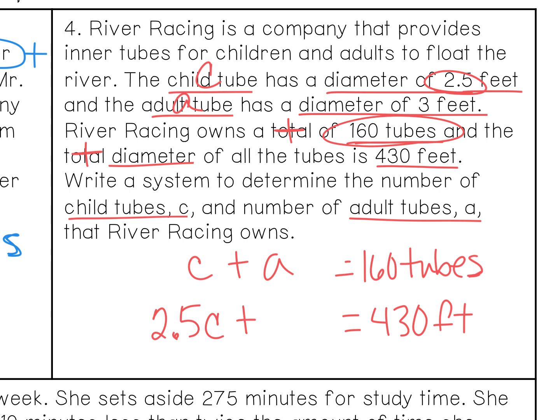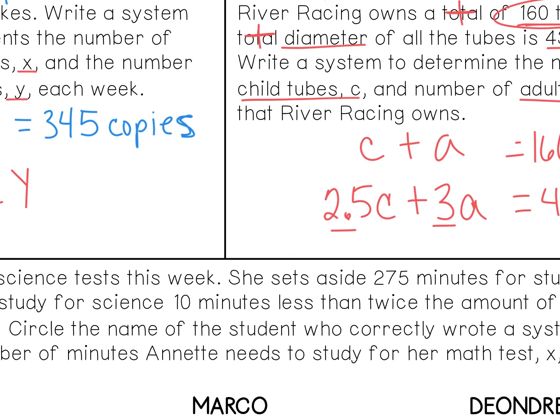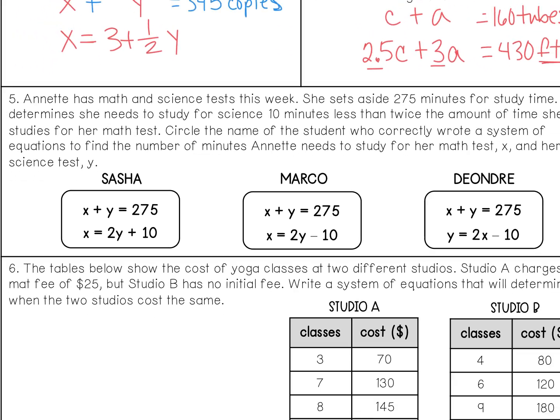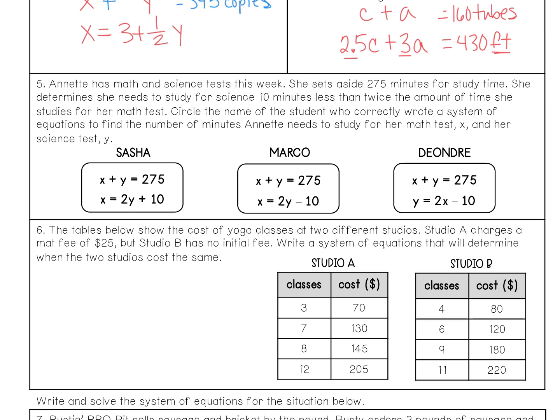And 3 feet for each adult tube. Plus, these are also feet numbers. So we want to put them in the feet equation. Now we want to choose which one is right. Whenever you have something like this, you really should write your own, and then you can start eliminating some stuff.